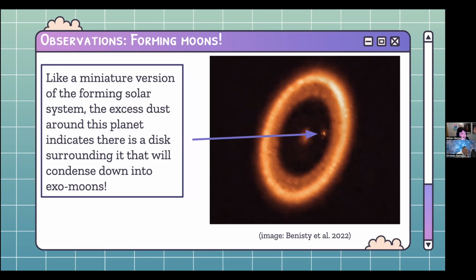Jupiter has four Galilean moons that are all relatively spherical and all orbit in the same plane around it. And we think that if you have a massive enough planet that can collect its own disk of material around itself, it can, like a mini solar system, form a system of regular, circularly orbiting moons like Jupiter did. So this was mind-blowing when this result came out.